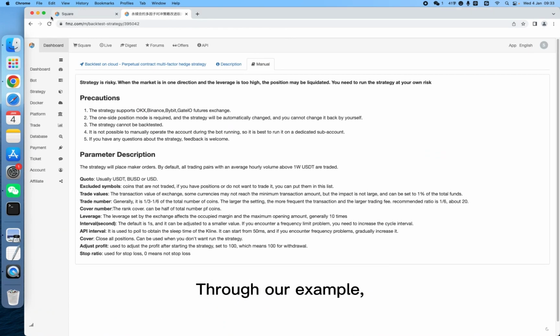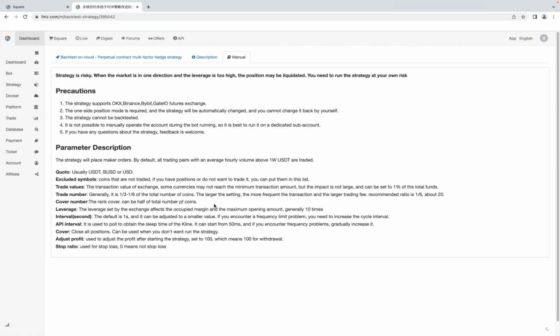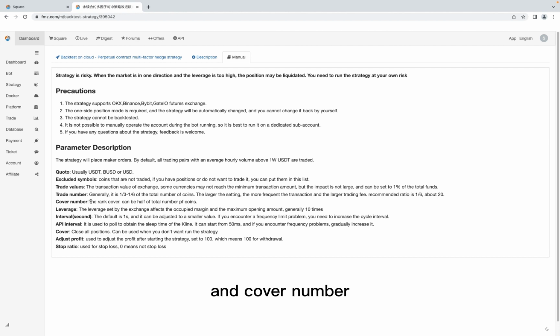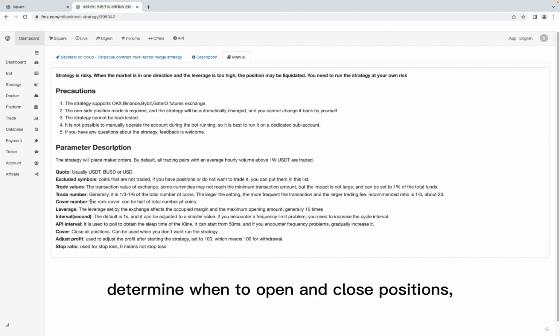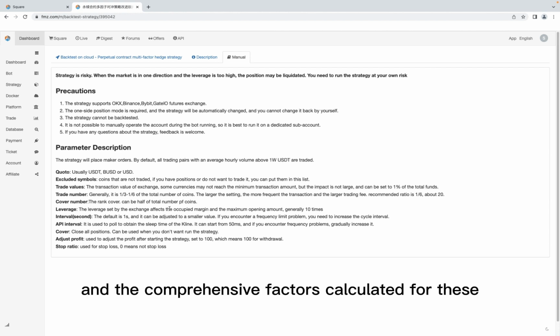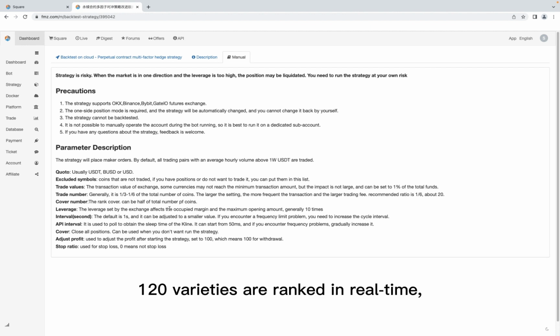Through our example, we can easily understand that the trade number and cover number determine whether to open and close positions, because the system runs the comprehensive factors in real time. For example, there are 120 varieties, and the comprehensive factors calculated for these 120 varieties are ranked in real time.